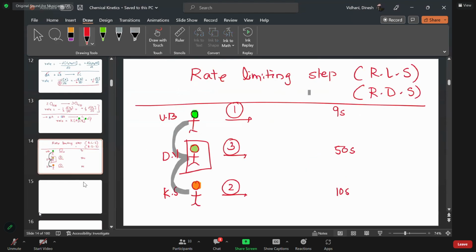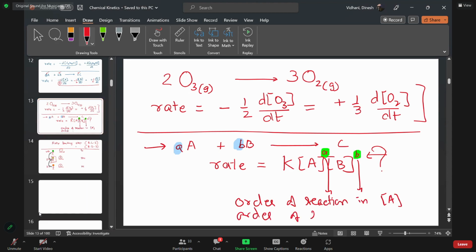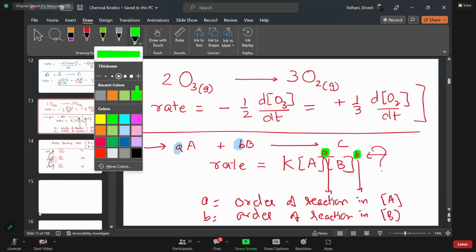Now, when I look at this equation, this a and this b, we call it the order of reaction in A and order of reaction in B. So a is the order of reaction in A, b is the order of reaction in B. I'm referring to the green numbers, not the blue numbers.